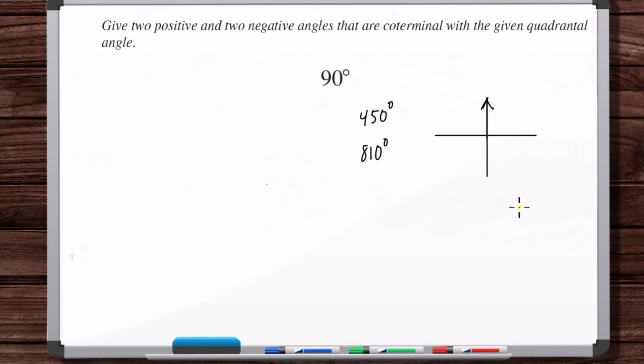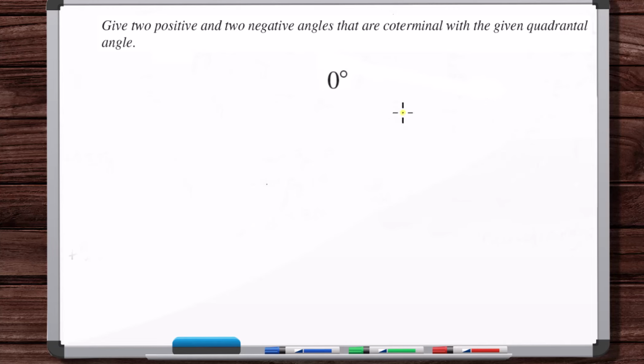Okay, and minus 270 and minus 630. These also, remember, with a negative angle, we go from the initial side to the terminal side in the clockwise direction. These will also be here. These are all coterminal.